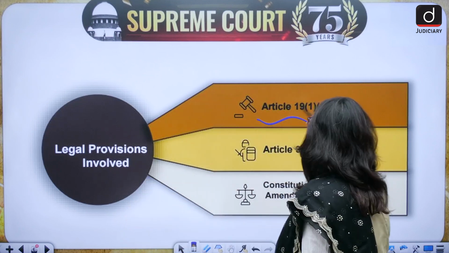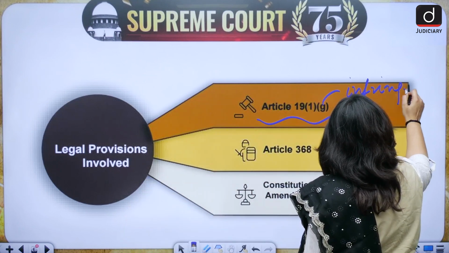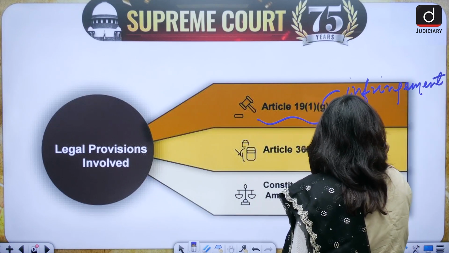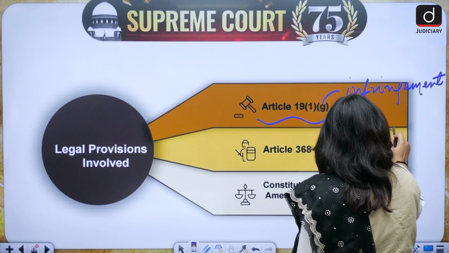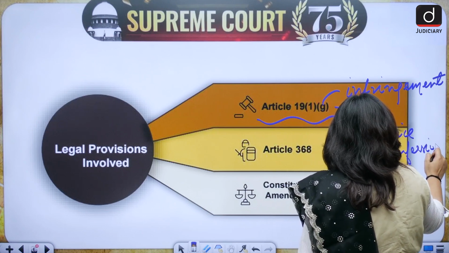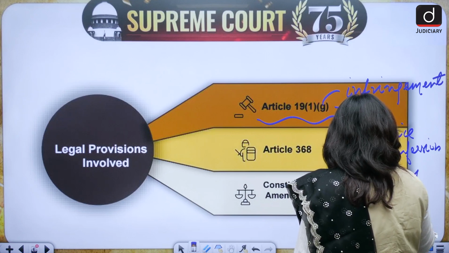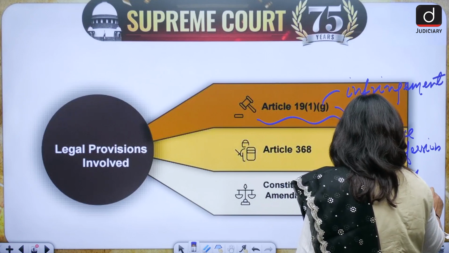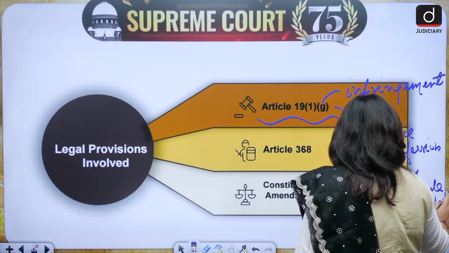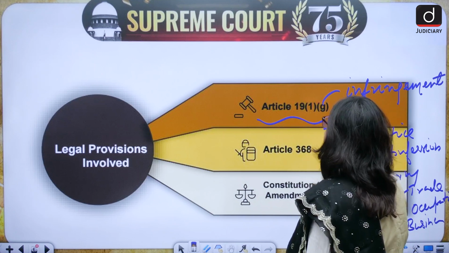So he claimed the infringement of Article 19, Clause 1, Subclause G, which gives the right to practice any profession, and also empowers the citizen of India to carry on any trade, occupation or business.